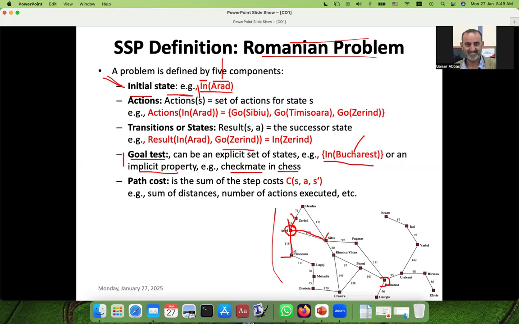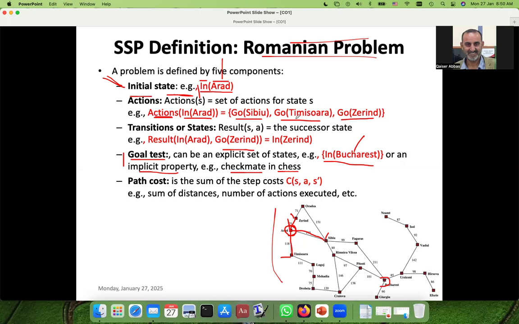So you are writing actions in Arad. When the agent is in Arad, what are the actions? The agent can go to Sibiu, to Timisoara, or to Zerind. So these three actions are available here.